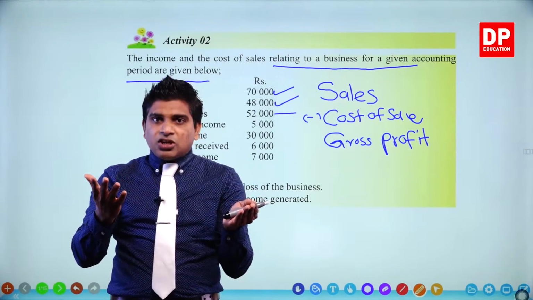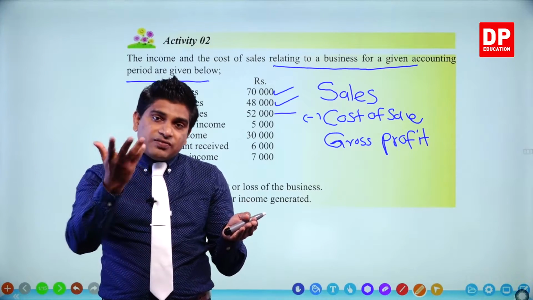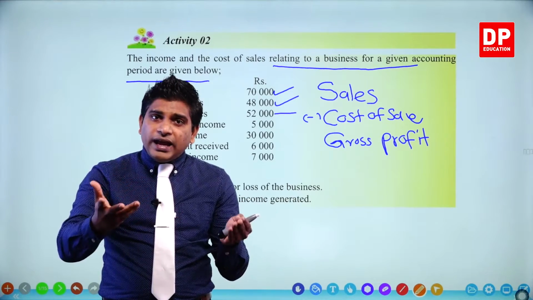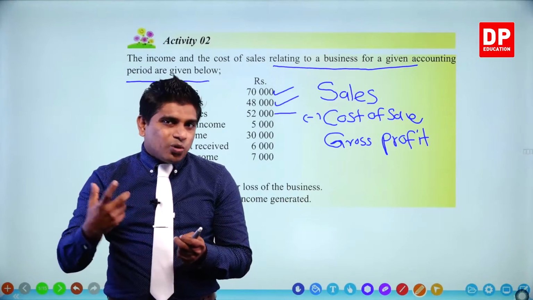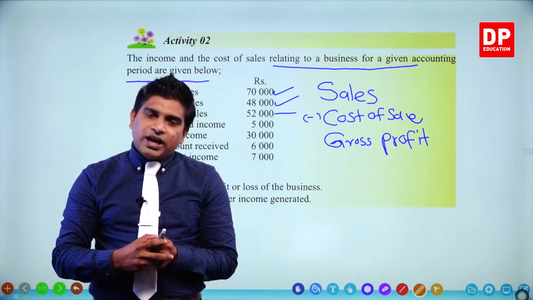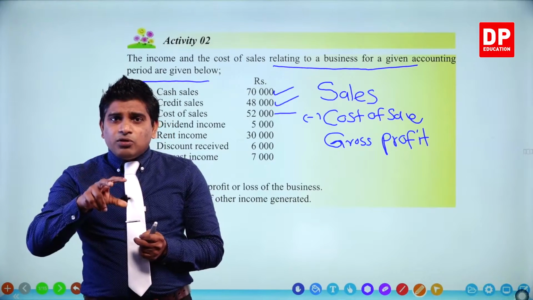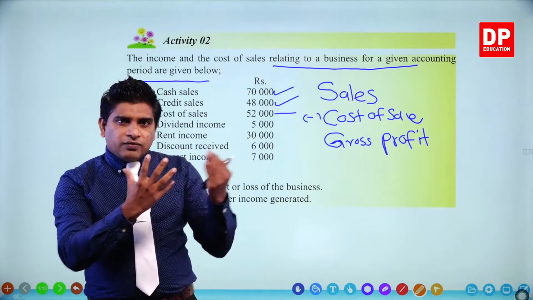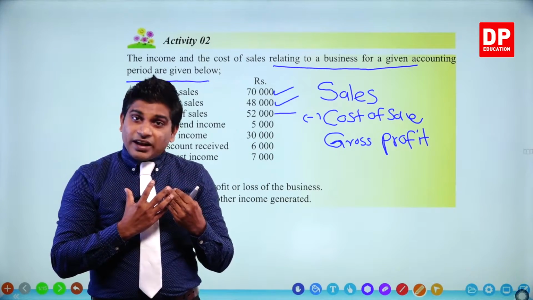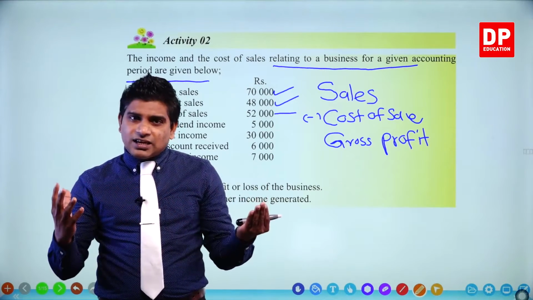Sometimes you may deposit your money in a fixed deposit or in a savings account in the bank. From that, you can earn interest income. It is additional income, right? Then sometimes you may rent out your building to someone. From that, you can earn rent income. They are the other income.